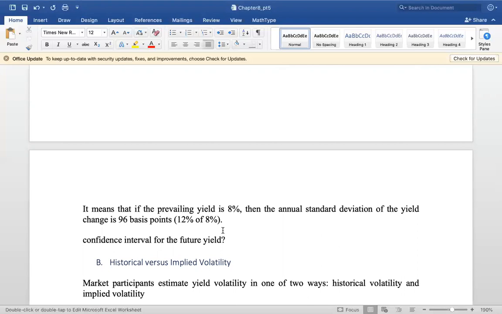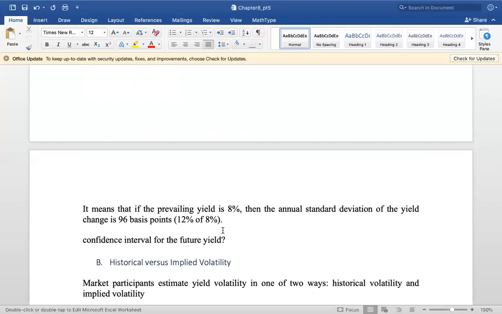And we can also calculate the confidence interval for the future yield, right? So what are the confidence intervals? For example, as we have studied in our statistics, there is a 68.3% probability that an interval between one standard deviation below and above the sample expected value will bracket the future yield, right?